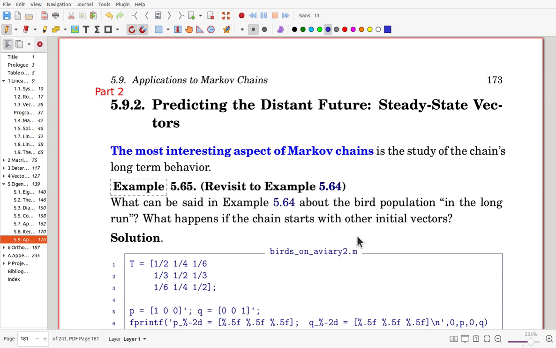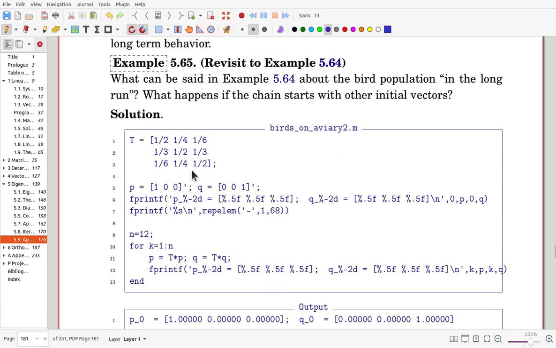Okay, so we'll check it using a computer algorithm. This is the transition matrix, and we have two different initial state vectors. P is 1, 0, 0, and another one is 0, 0, 1.